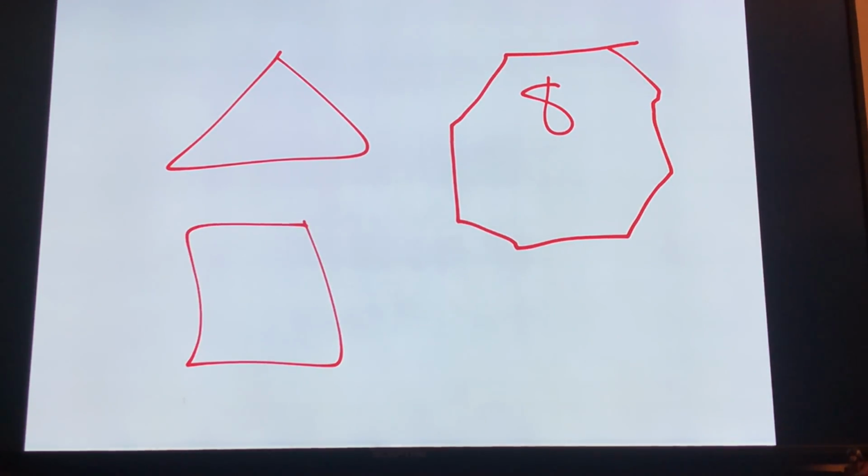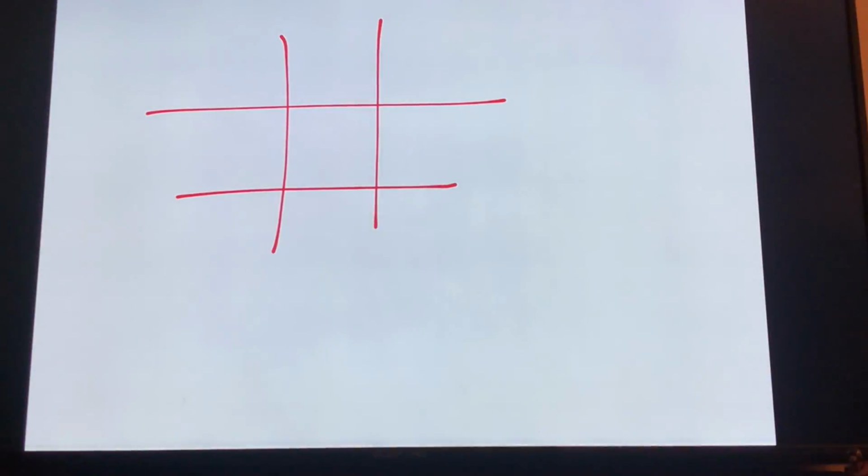One thing we dealt with last time too was vertexes of polygons. You saw this last time. It kind of looks like tic-tac-toe. But remember I told you about the vertexes. This would be a vertex. This would be a vertex. It's the point where they cross.